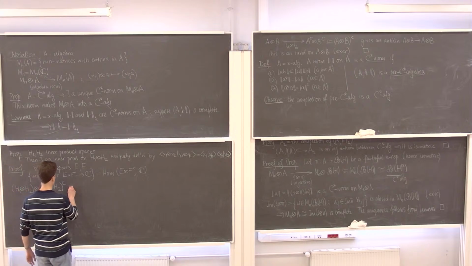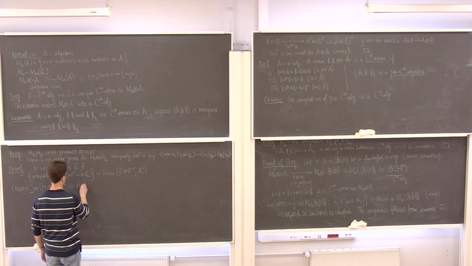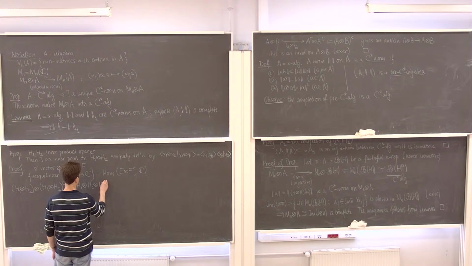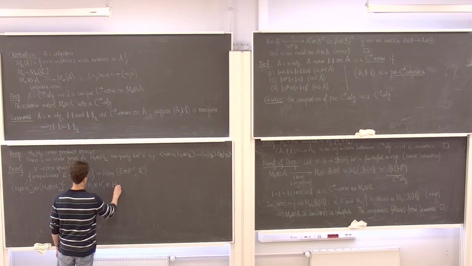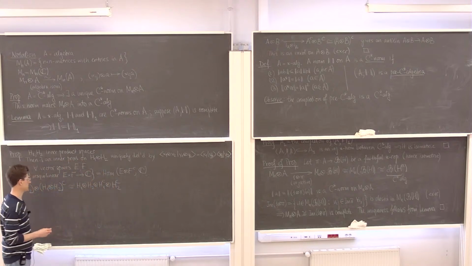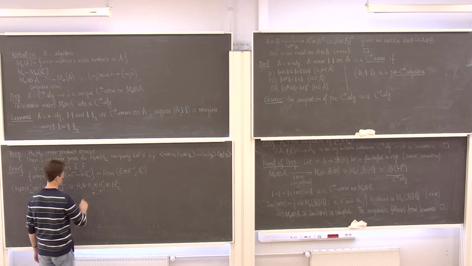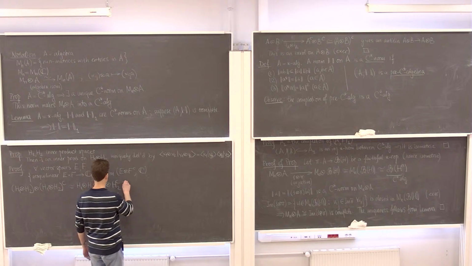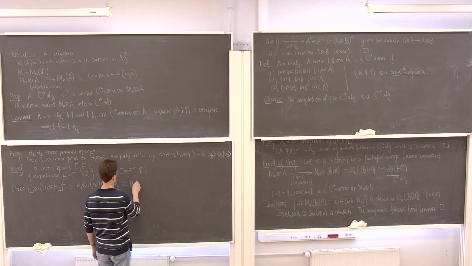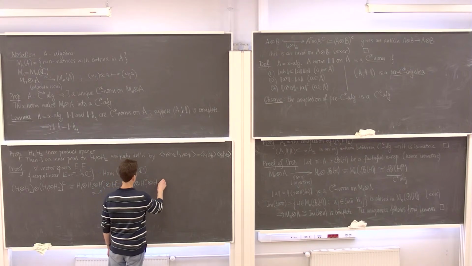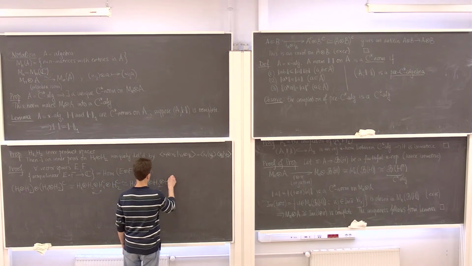So this is isomorphic to H1 tensor H2 tensor H1-conjugate tensor H2-conjugate. Then we interchange these two factors. So we get something isomorphic to H1 tensor H1-conjugate tensor H2 tensor H2-conjugate.